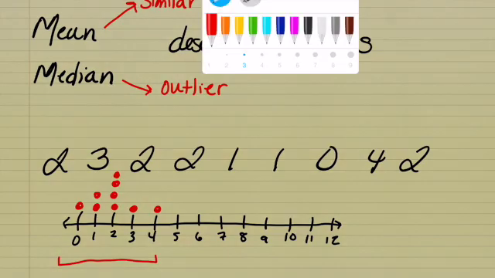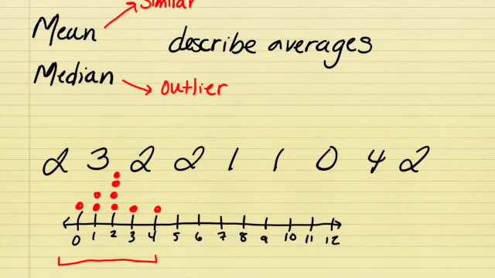If I were to add in an 11, that's way up here. That becomes what we call an outlier. It lies way far away from all the rest of the data. So if we were to add the number 11 to this data, now we have an outlier.